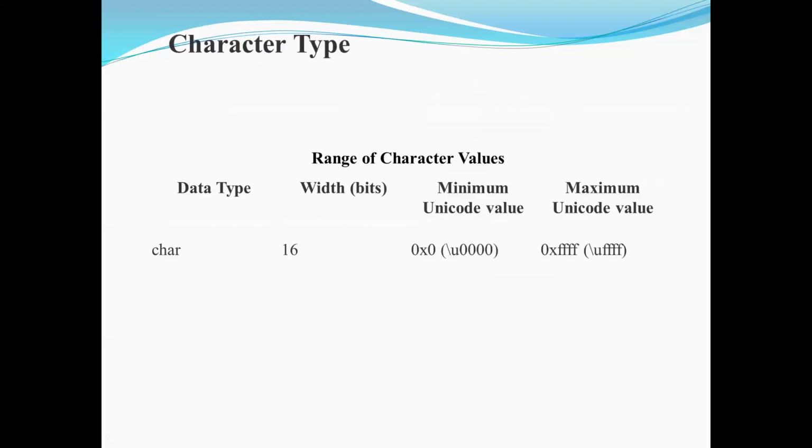Character has 16 bits, that is 2 bytes. So it starts from 0x0, a hexadecimal value in 16 bit, to 0xFFFF. In hexadecimal, as you know, the minimum value is 0 and the maximum value is F. So it puts the value in 4-bit hexadecimal digits. Why do we use 4-bit hexadecimal?